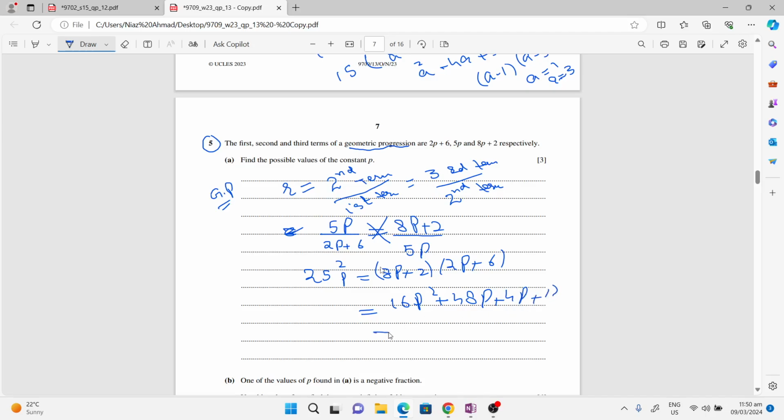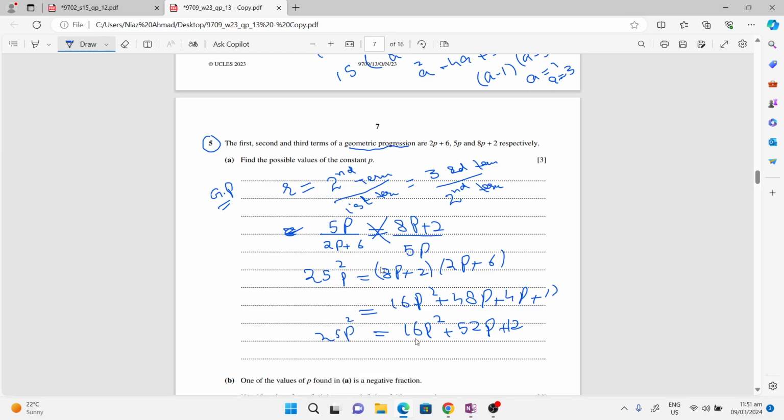So if I simplify the right side, it gives me 16p squared, 48 plus 4 is 52p, plus 12. On the left hand side there is 25p squared.